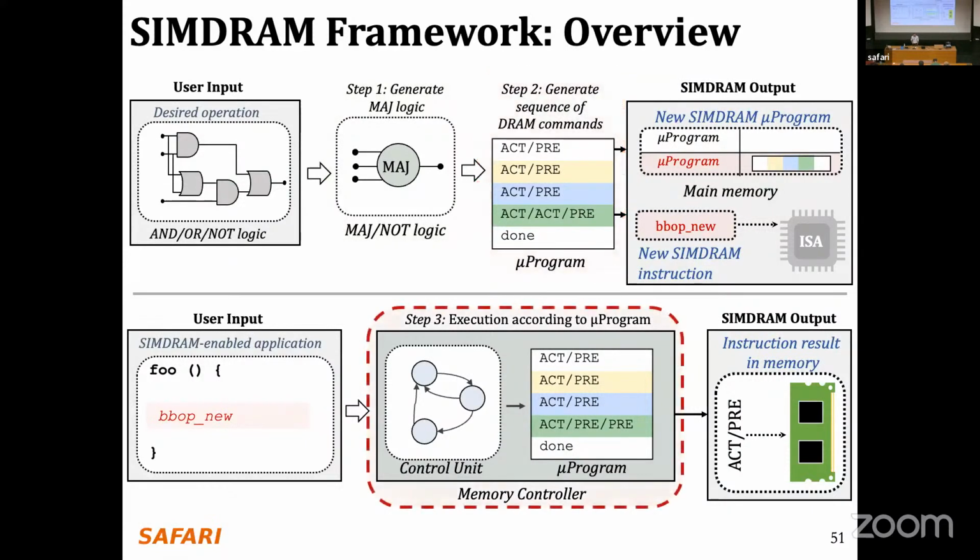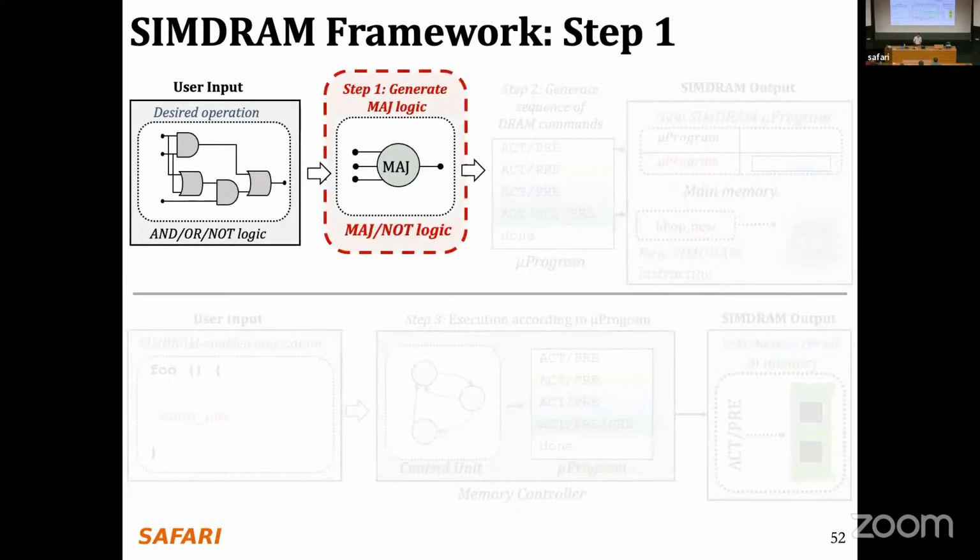The output of those 2 steps is what we call a microprogram, which is the sequence of in-DRAM row copies and majority operations for that particular computation, and a new instruction that the processor, the programmer or the compiler is going to use to trigger the execution of that operation in DRAM itself.